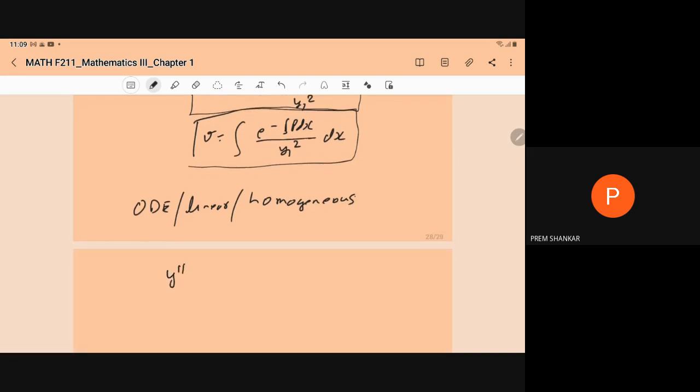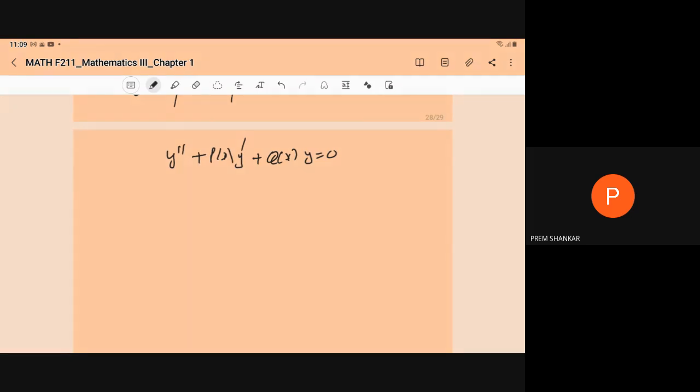That is y double dash plus p(x) y dash plus q(x) y is equal to 0. This is a second order linear homogeneous ordinary differential equation.